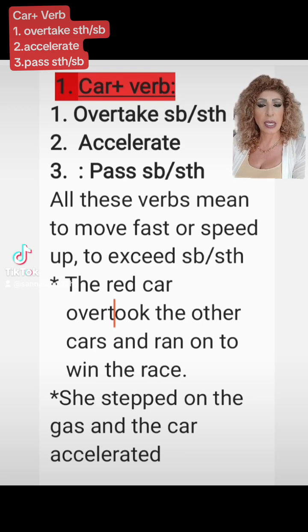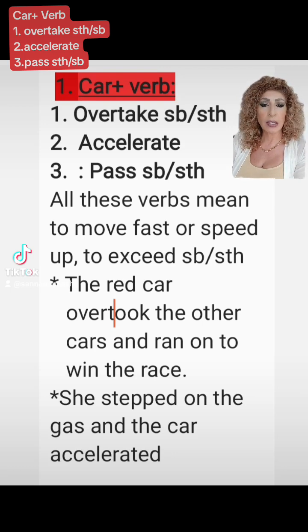The second verb is accelerate, and this is a regular verb, accelerated, which means to speed up. The third verb is pass, and also pass comes after the word car. So in this case, the car works as the subject of the sentence. Then after the verb pass, we can use somebody or something.